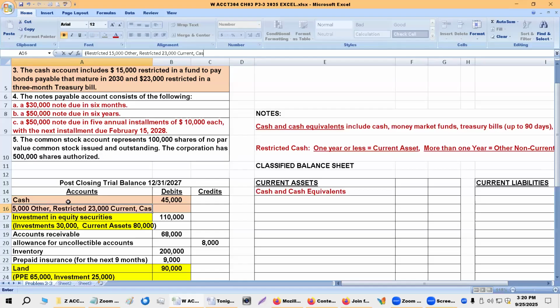And then we'll just have cash of whatever the rest is. So 45,000. Don't have any cash left. Okay, so 45,000 minus 7,000.